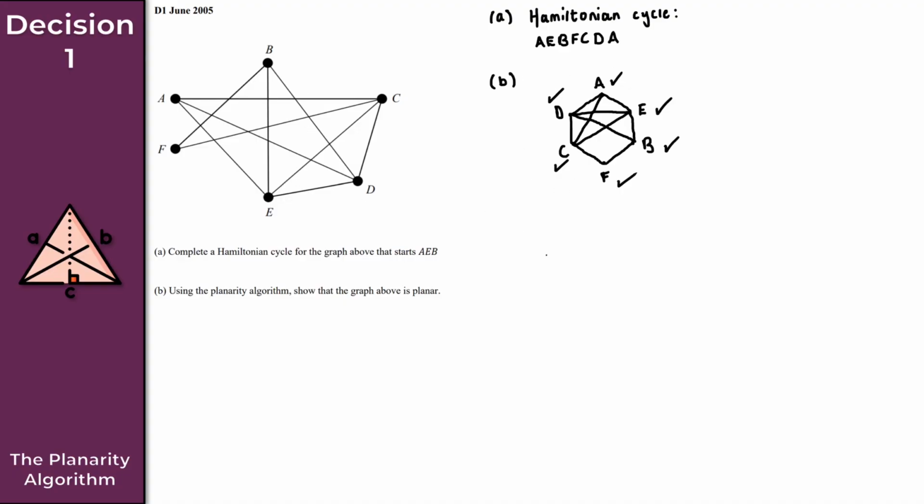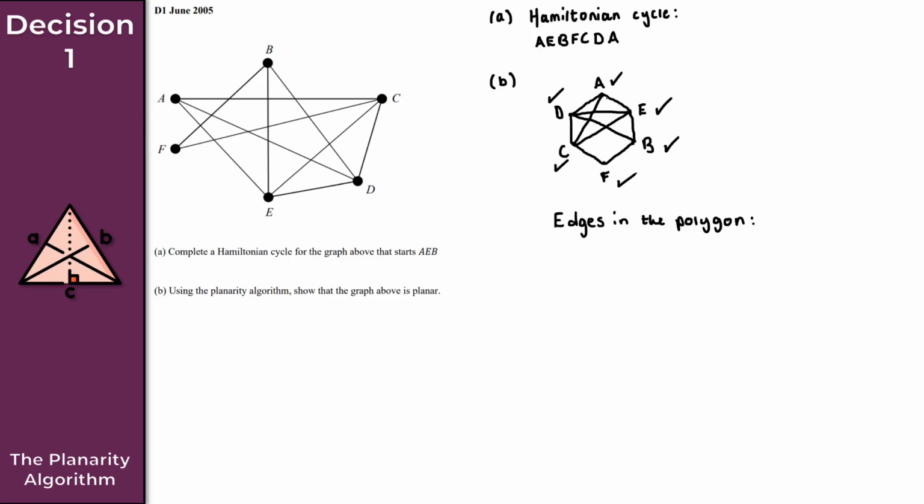And at this point now, we can start applying the planarity algorithm. Okay. So for the next step, what I'm going to do is list the edges inside the polygon. So underneath, edges in polygon. So edges in the polygon are given as, what have we got here?